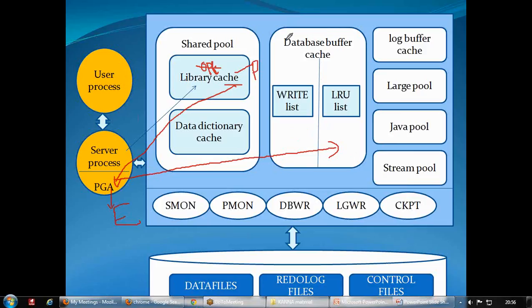There is a component called the database buffer cache, which has basically been divided into two categories: one is the write list and the other is the LRU list. The server process starts looking for the data in the LRU list. If the data is found in the LRU list, it is given directly to the user process.